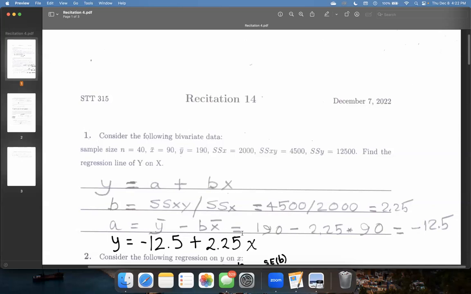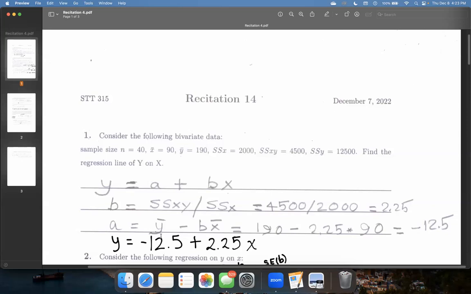Our y bar is 190, and then we subtract our b times x bar. We just found our b in the previous step, which is 2.25, and we multiply that by 90, which is our x bar. And that equals negative 12.5.